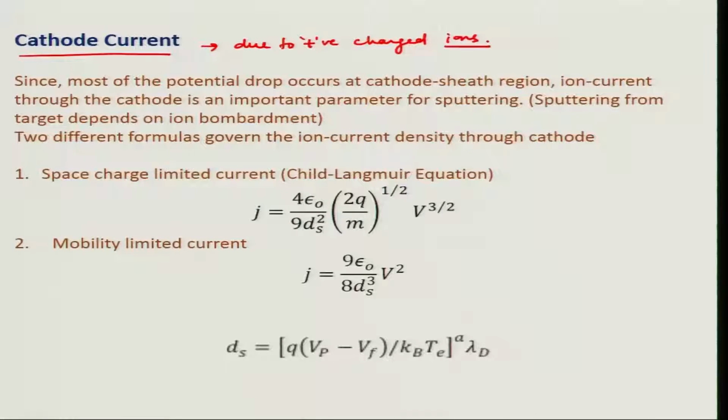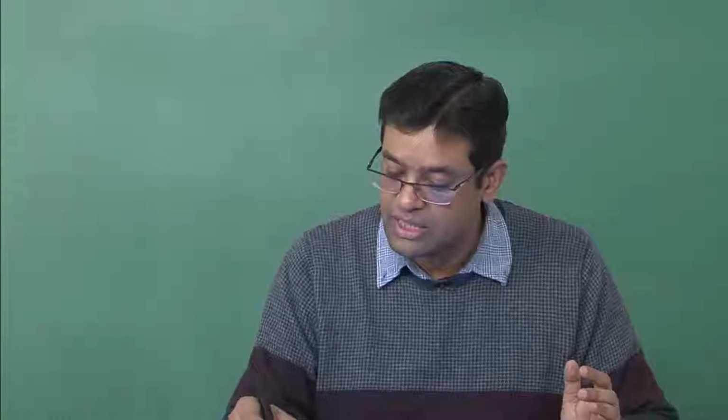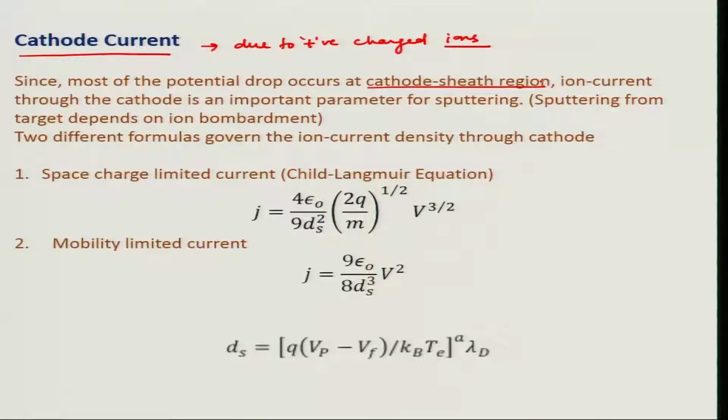Remember that ions are positively charged, they are moving towards the negatively charged cathode. And since most of the potential drop is in the cathode sheath region or cathode dark space, the ion current through the cathode is an important parameter, especially for sputtering.